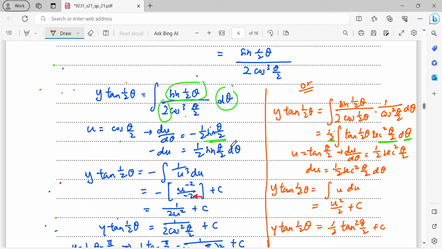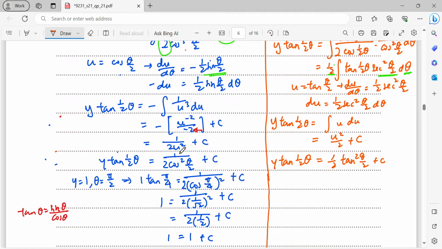And then you replace the y values, so the y and theta. So your y is 1, theta is half pi. That means for the left hand side, it will be the same. So I will write tangent pi over 4 equals to half tangent pi over 4 squared plus c.